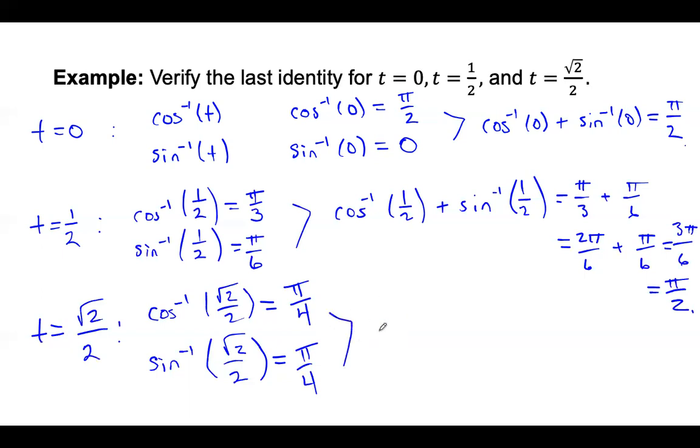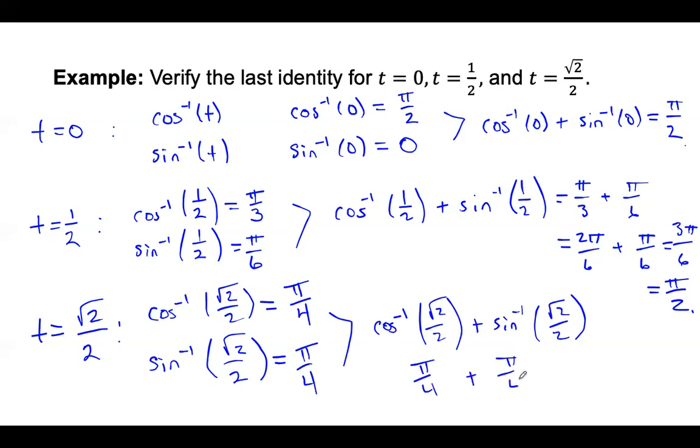So you could see, obviously, if we add these, just writing it out again, pi divided by 4 plus pi divided by 4, that's 2 pi divided by 4, which is pi divided by 2.